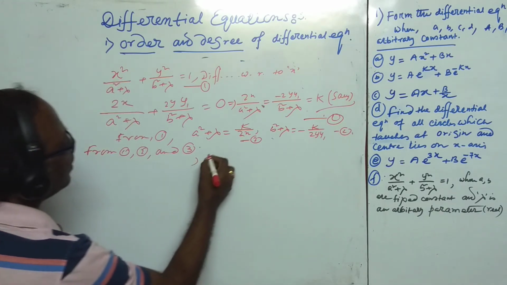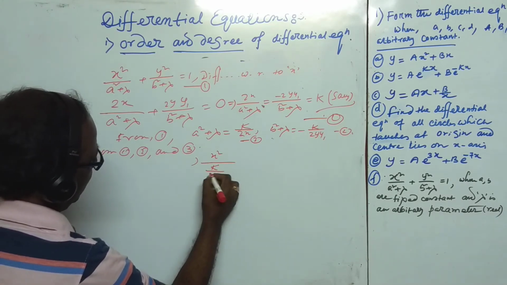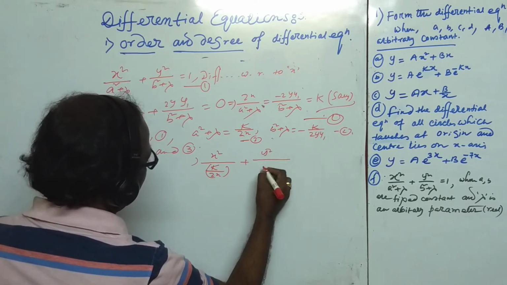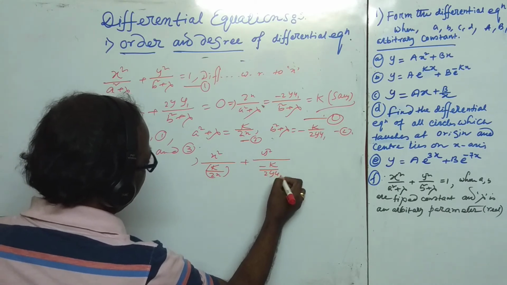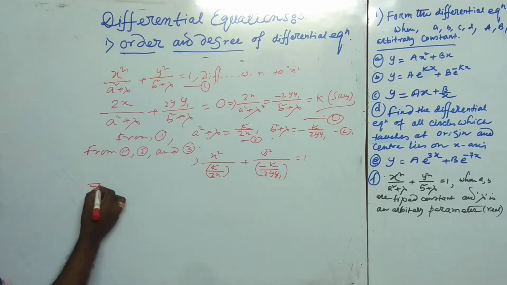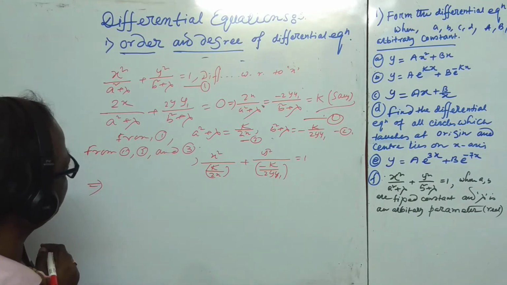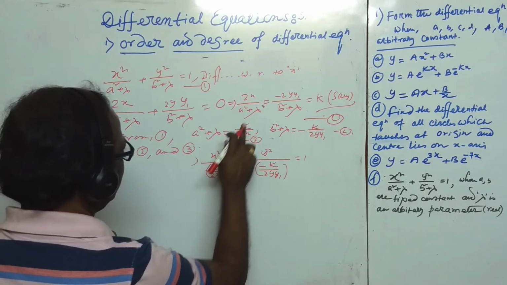Then we get x square by k by twice x, and y square by minus k by twice y1. Sorry, there was a mistake.